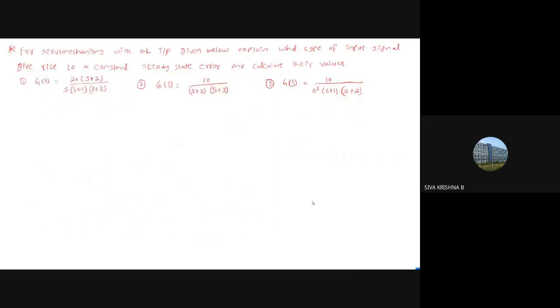Okay. Please note on this problem. Tell me what are the steps I have to follow to find this.